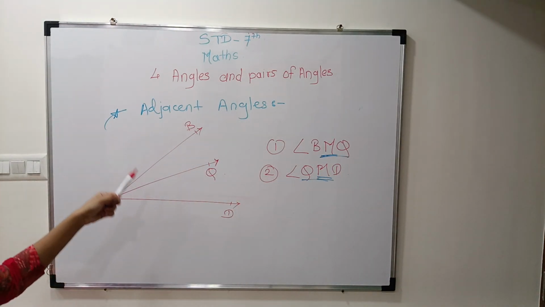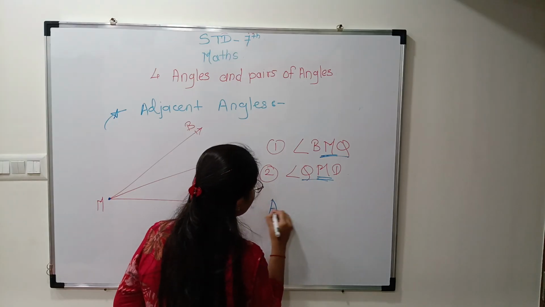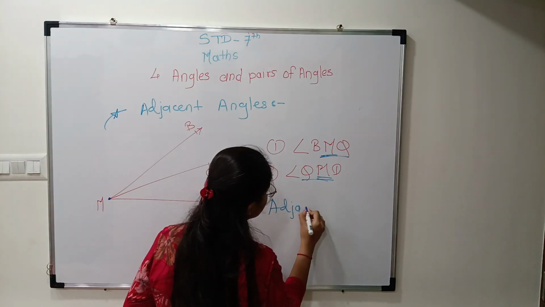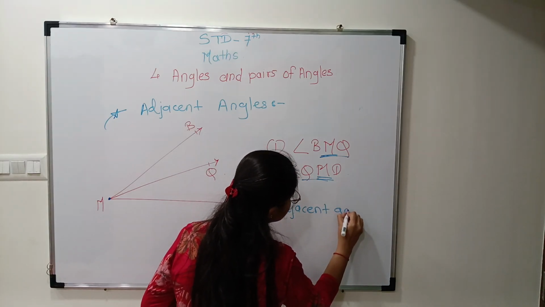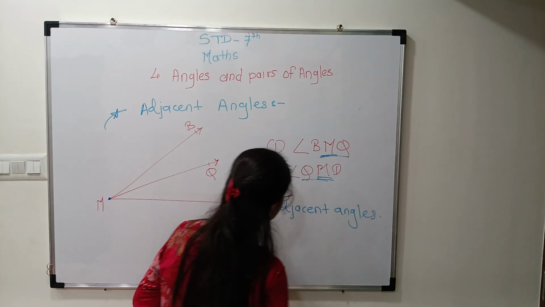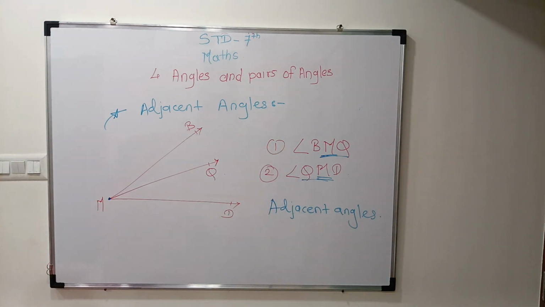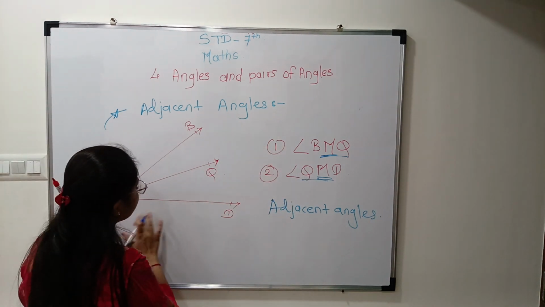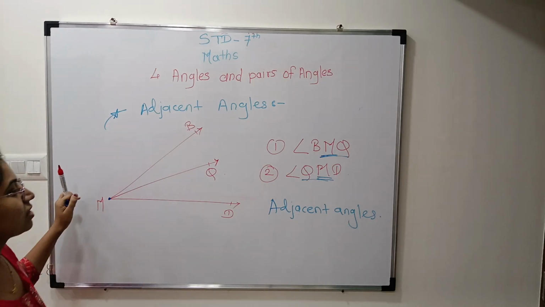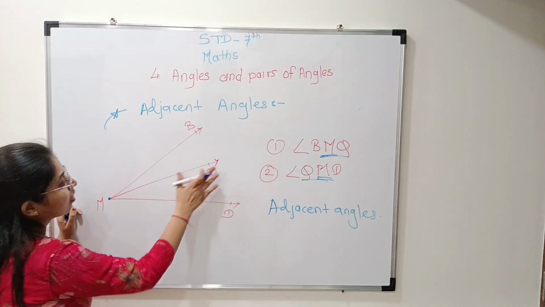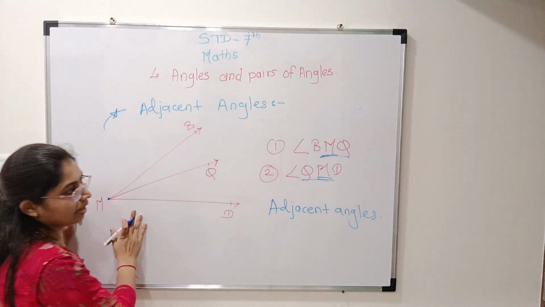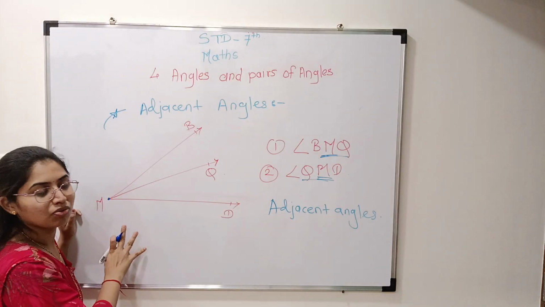So we can call these 2 adjacent angles. But one more thing, sir. Now only we saw adjacent angles are having one common arm and common end point, common vertex.